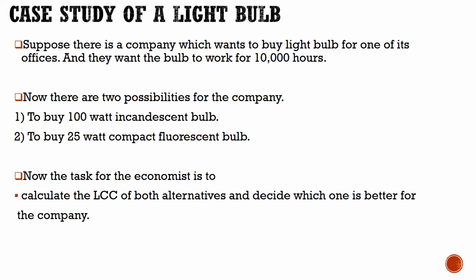The second alternative is to buy a 25 watt compact fluorescent bulb. Now, the task for the economist or the analyst is to calculate the whole life cycle cost of both alternatives and decide which one is better for the company to use.